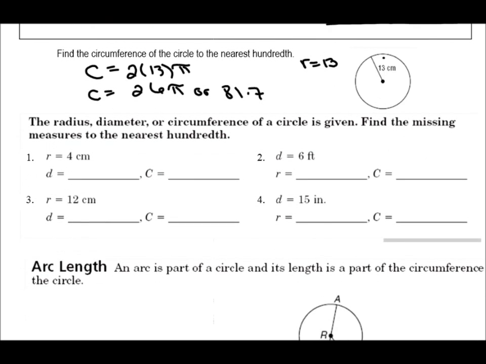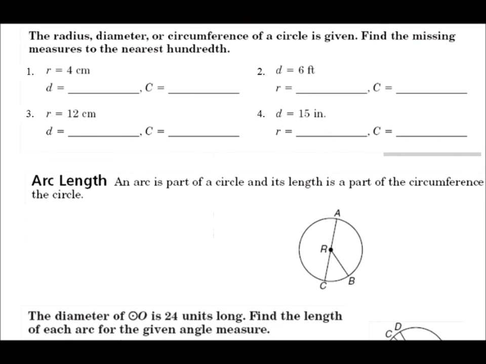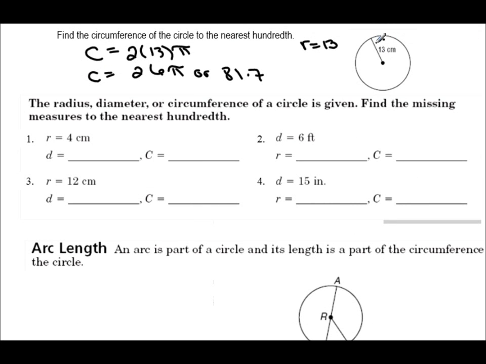Alright, so number 1, they give us the radius is 4. That means the diameter, remember the radius is half of a diameter. So if this is 13, the diameter would be 13 times 2, which is 26. So if the radius is 4, the diameter would be 8.